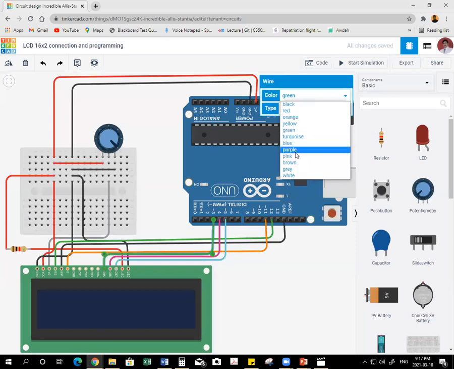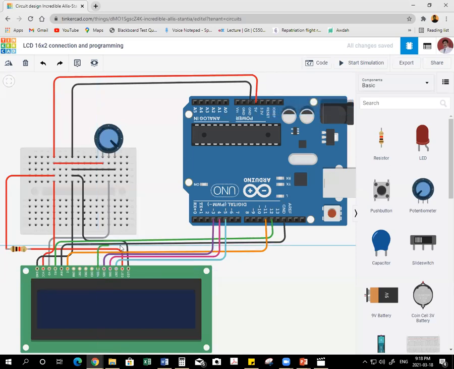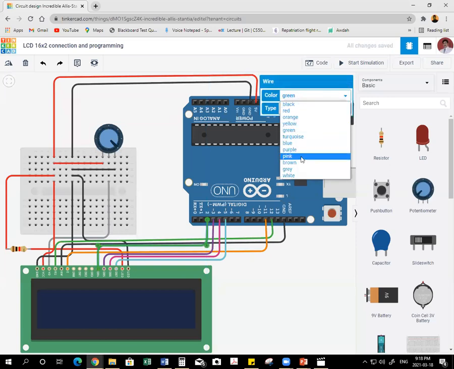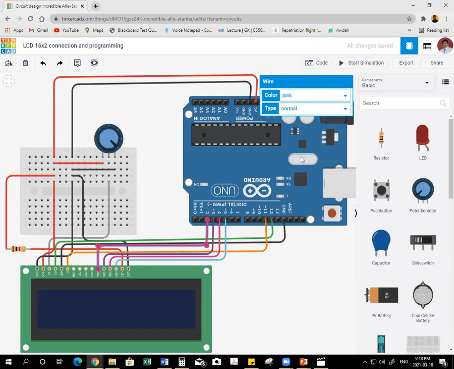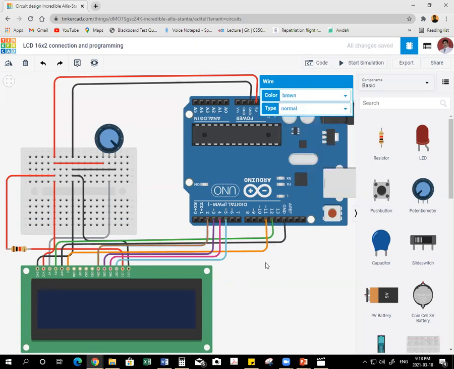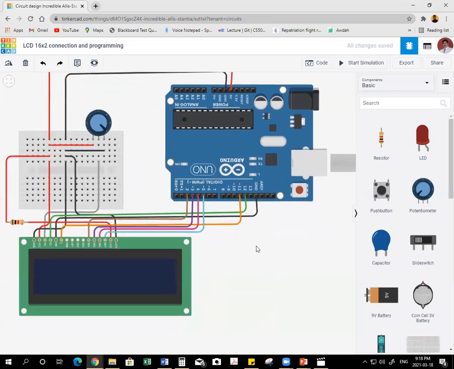Three, purple. That's why we are using different colors so that you will not get confused. Pink is more brown. Connections are over. Yes. Keep it aside.